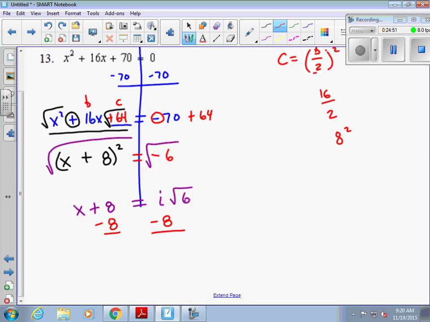So to make this say a plus bi, we'll make it say x is equal to negative 8. We'll put that one first since that's the real value, plus or minus the square root of 6 times i. And that represents two answers: the positive square root of 6 i and the negative square root of 6 i.